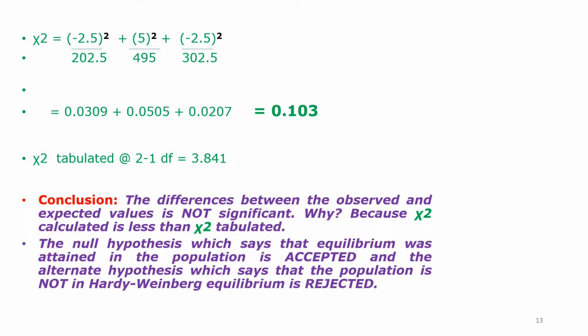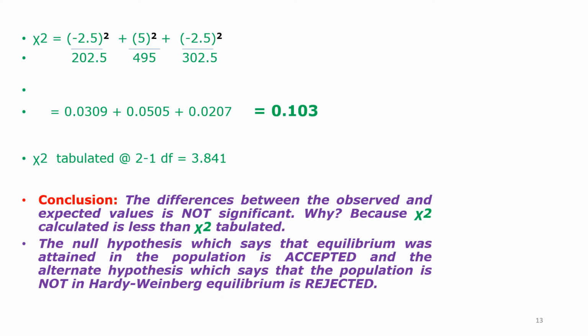We observe that the difference between the observed and the expected value is not significant. And how did we arrive at this? It is because the calculated chi-square is less than the tabulated chi-square. If this value was higher than this, then there would have been a significant difference.